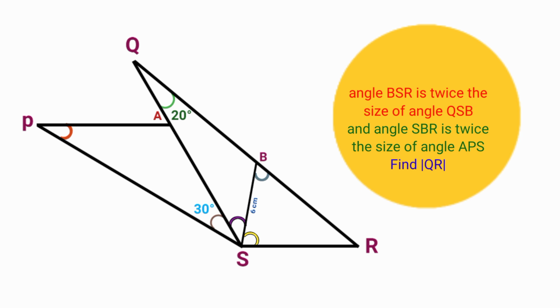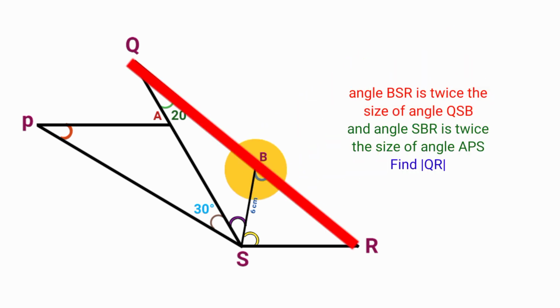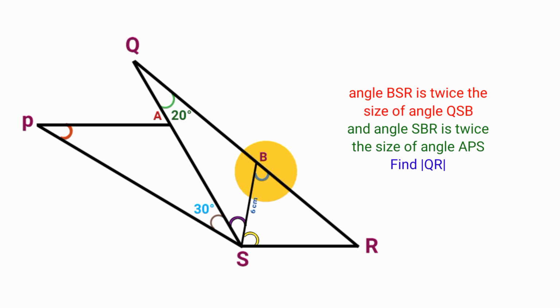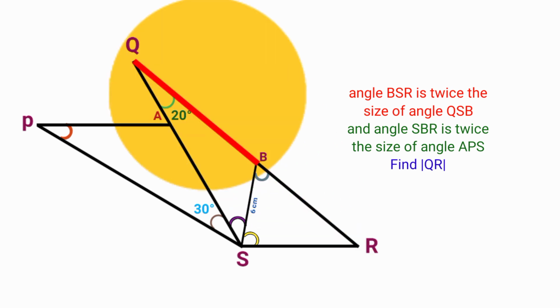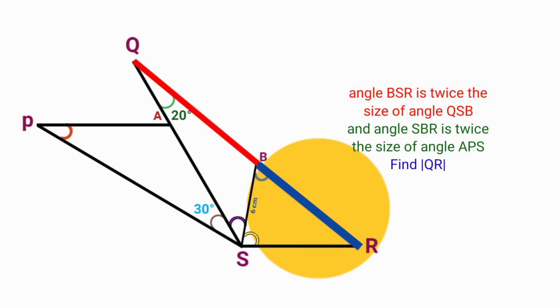So how can we find line QR here? If you look here, this line starts from point Q to this point P, and from point P here to point R. Line QB here is a straight line segment on its own, and BR is also a straight line segment on its own.